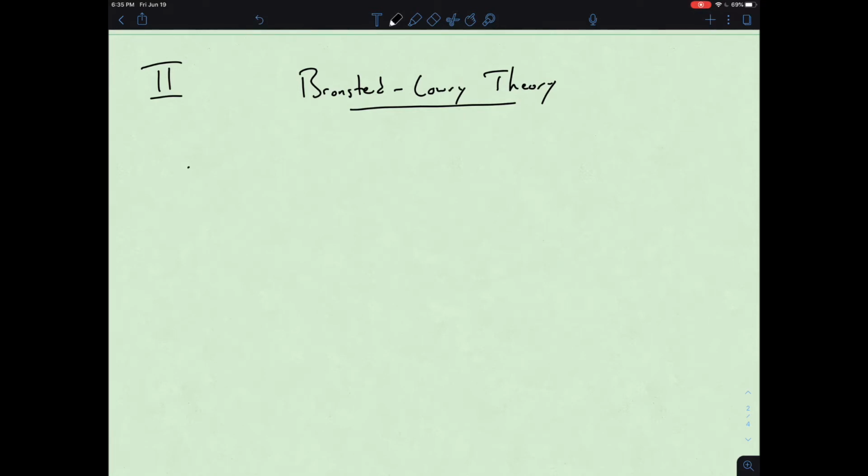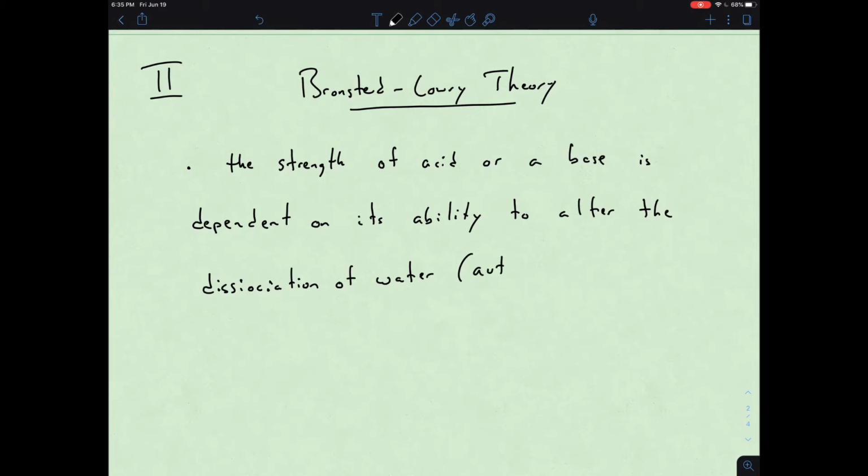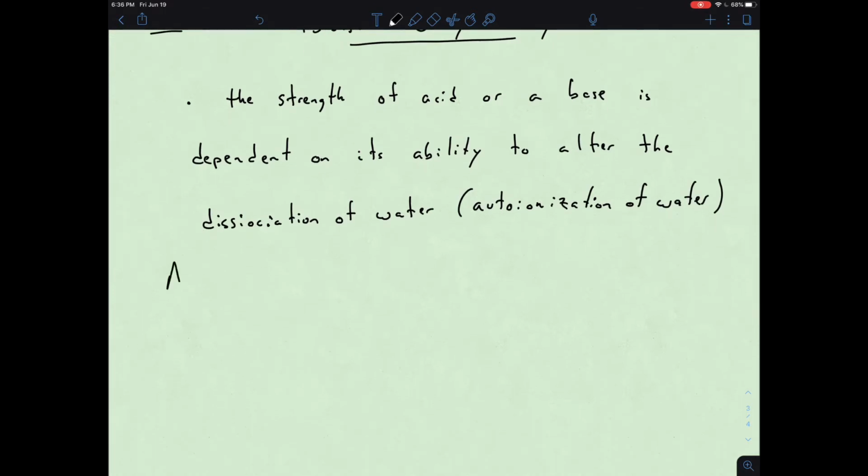And so the strength of an acid or a base is dependent basically on its ability to alter the dissociation of water, also known as the auto-ionization of water. And so we can see that here.